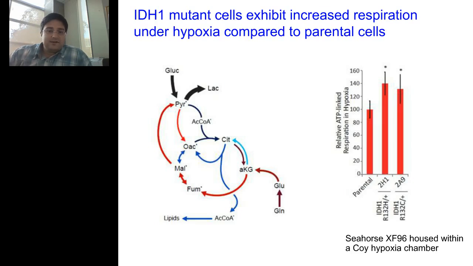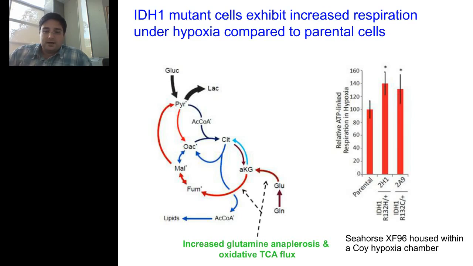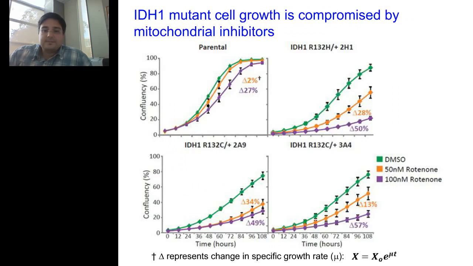So, given the fact that these cells seem to be more dependent upon respiration under hypoxia, we hypothesized that they may be more sensitive to inhibition of the electron transport chain.